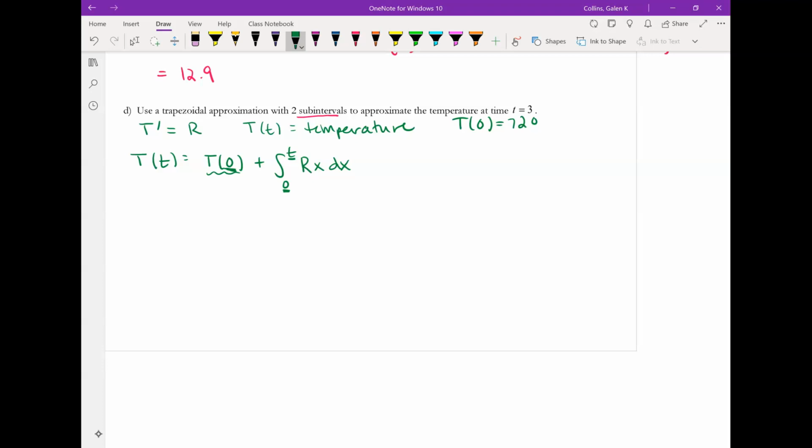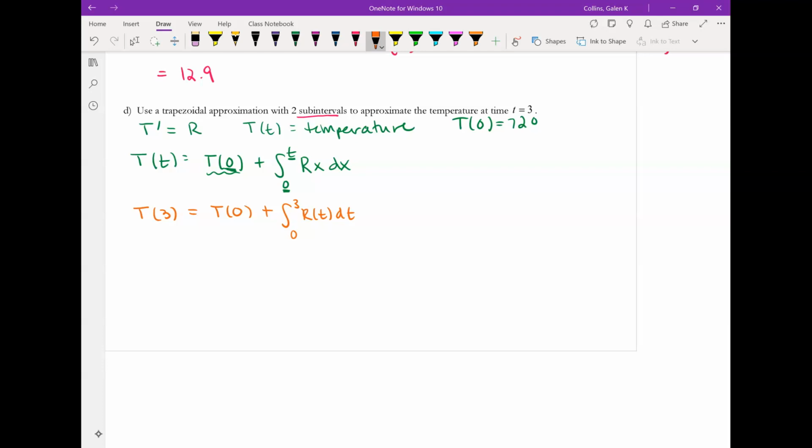Okay, so if we are asked to approximate the temperature at time t equals 3, I know that's going to be 72 degrees plus the definite integral from 0 to 3.